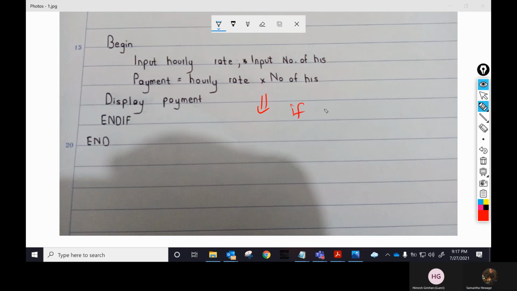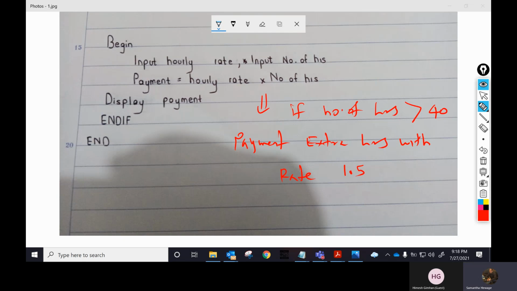If number of hours is greater than 40, your payment would be, for extra hours, rate 1.5. Got it? Understand? Yes, sir.